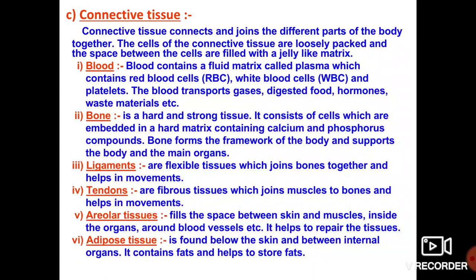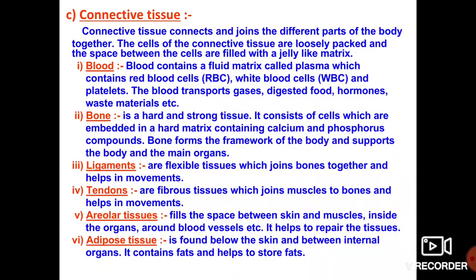So the blood transports gases, digested food, hormones, as well as waste materials like carbon dioxide and other waste materials throughout the body. So these are all the components of the blood.